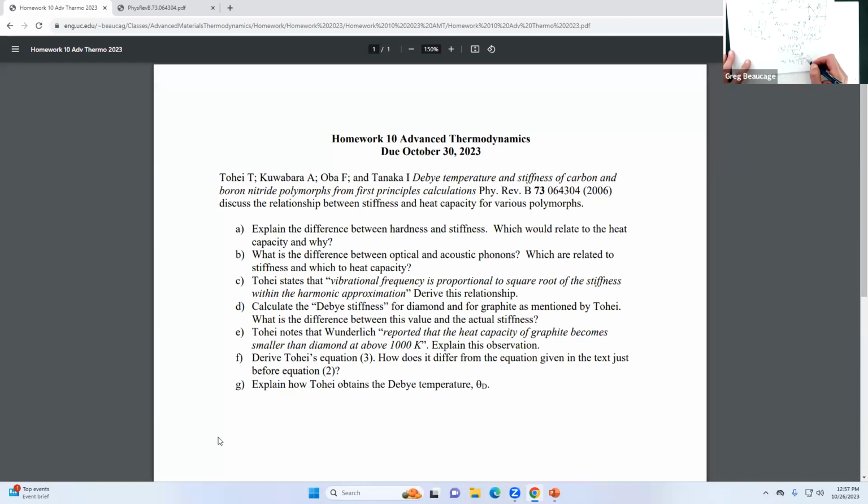And then you can rearrange to get the number of modes. So the number of modes in terms of the Debye frequency is going to be the Debye frequency divided by the speed of sound, which is here, cubed, times this volume of the unit cell, divided by 6 pi squared.